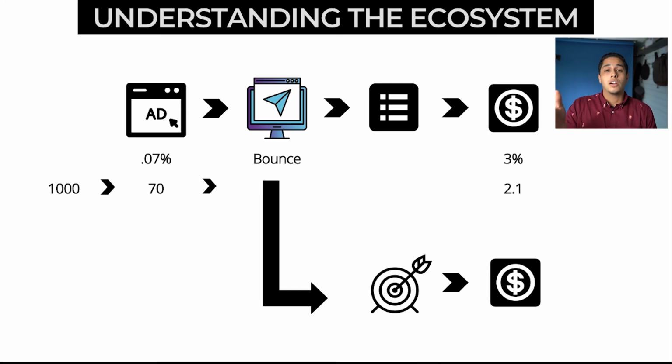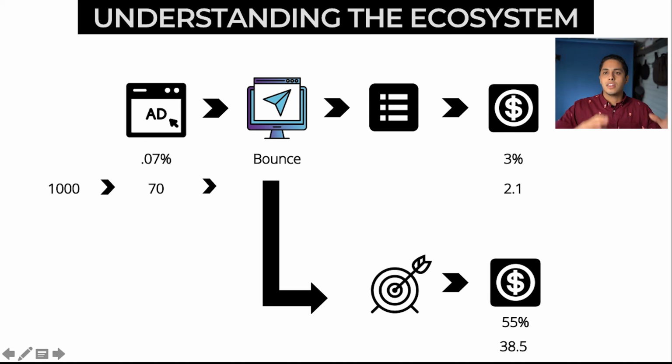Now I said before that on average, retargeting conversions did about 55% better. So let's say those 70 people that actually came to the page, we retargeted them, and now we got about 55% conversions of those 70. Now we hit 38.5 sales. So as opposed to the 2.1 before, now we got 38.5.